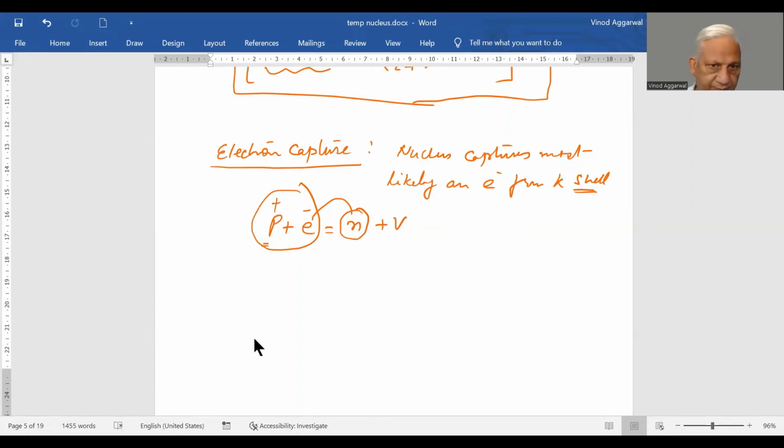As an example, you take an element X with Z protons, atomic mass number A, with one electron, it makes the number of protons less by 1.